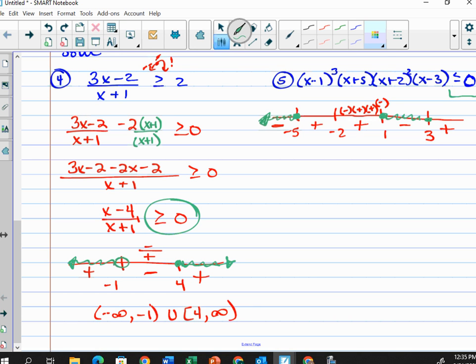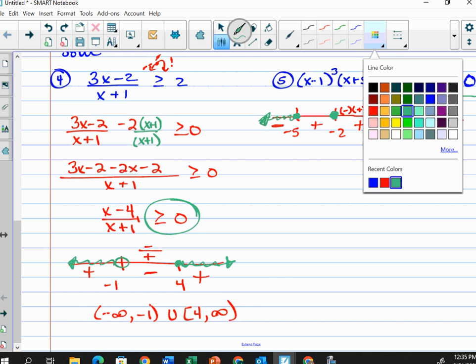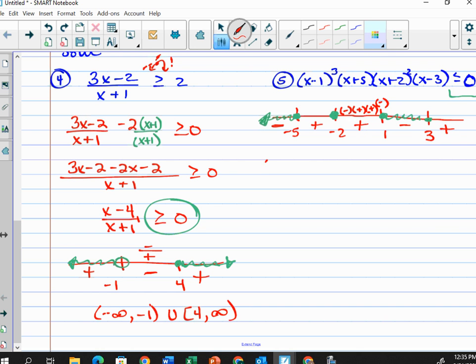What else do I need to include? Yeah, -2. So your answer to this is negative infinity to negative 5 with a bracket, then just negative 2, the point on its own, and then 1 to 3.